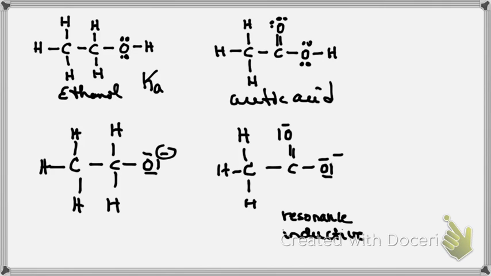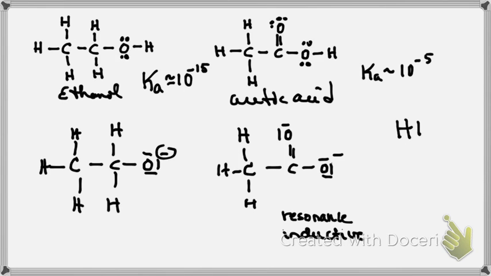Ka for ethanol is around 10 to the minus 15. Ka for acetic acid is about 10 to the minus 5th. There's your billion. That's even though it's a small equilibrium constant.